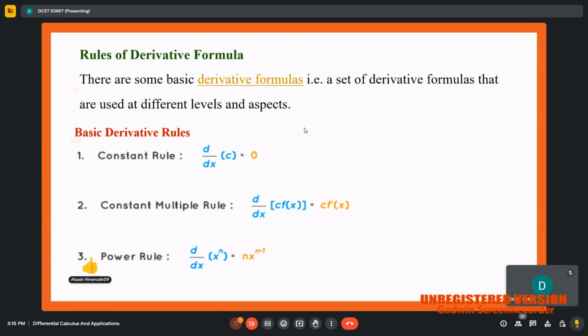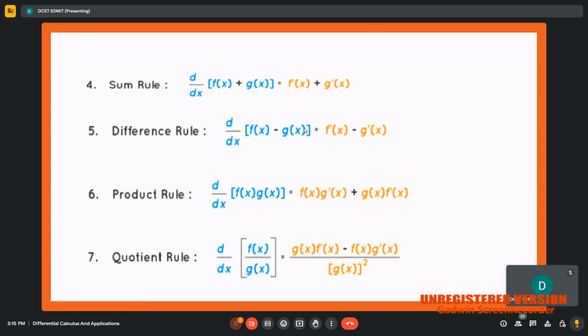Okay, we'll move to the next rule. See here. Next, I told you, the sum rule. What is the sum rule? d by dx of f of x plus g of x means we apply differentiation to f of x and g of x separately: d by dx of f of x plus d by dx of g of x.